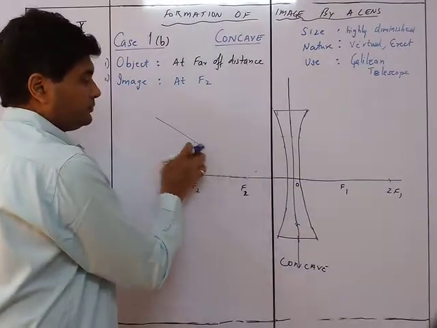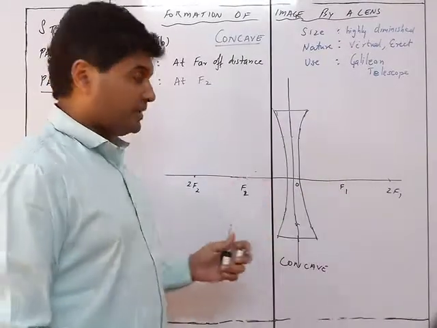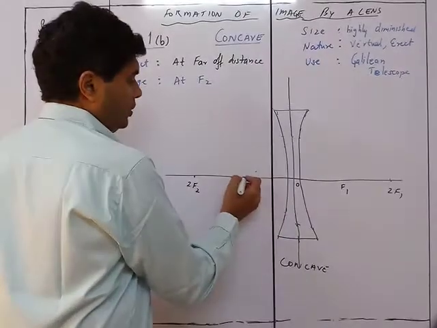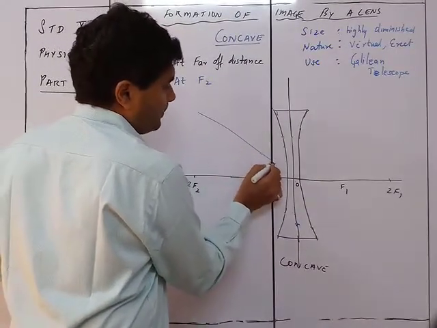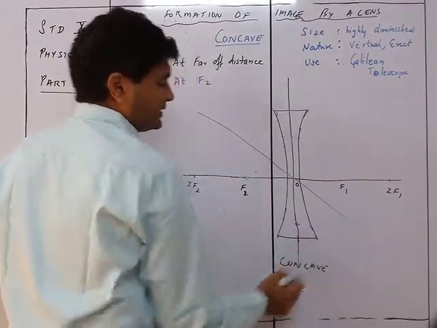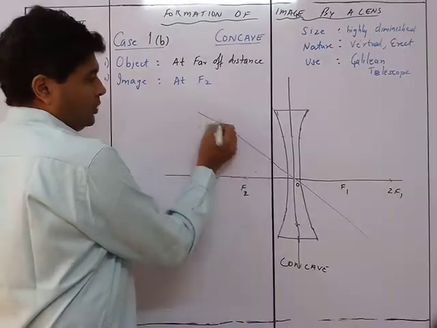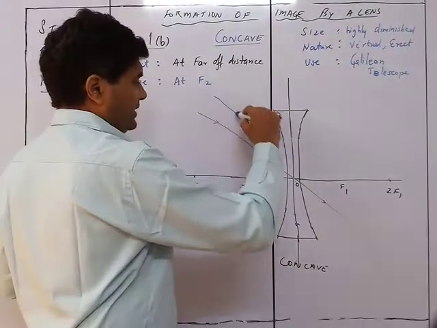It's diverging as it has to pass through F1, then it becomes parallel to the principal axis. So anyway, we are going to take the O1. So the one which is passing through O will be like this. So it is coming here. So one which is coming to O like this. This is the one which is passing through O. And the other one we will just take parallel to this line.